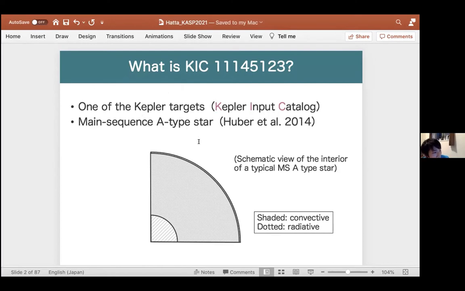Here is a schematic view of the interior of a typical main sequence A-type star. Usually they have a convective core, a broad radiative region, and a very thin outermost convective envelope. These are very typical internal structures for an A-type star.